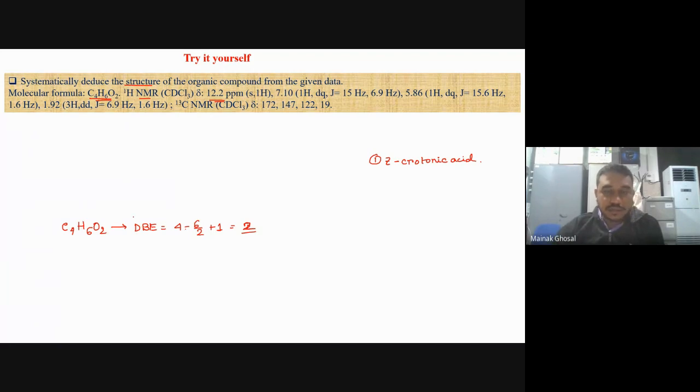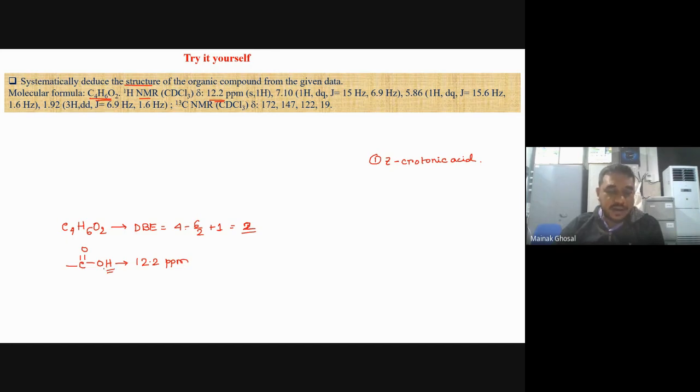Now you see the data: 12.2 ppm, a singlet of one hydrogen. There is a very good chance that only one group gives this NMR signal at 12.2 ppm, mainly the acid group, carboxylic acid, and here only one proton is there.